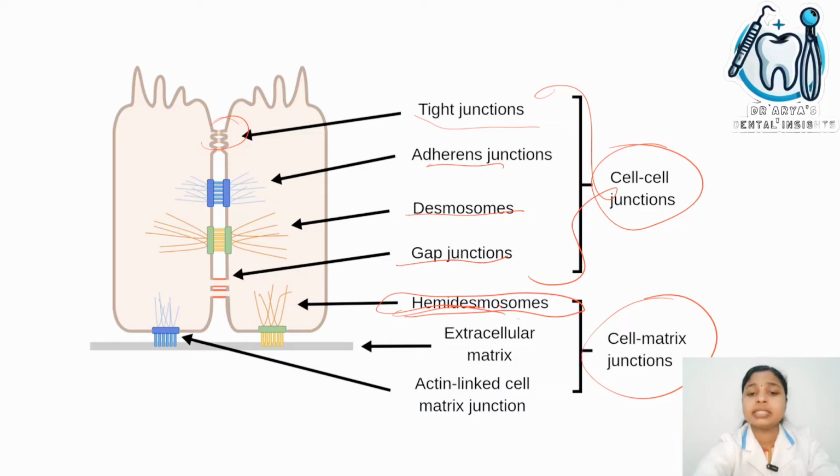And cell matrix junctions are the hemidesmosomes and the actin-linked cell matrix junction.